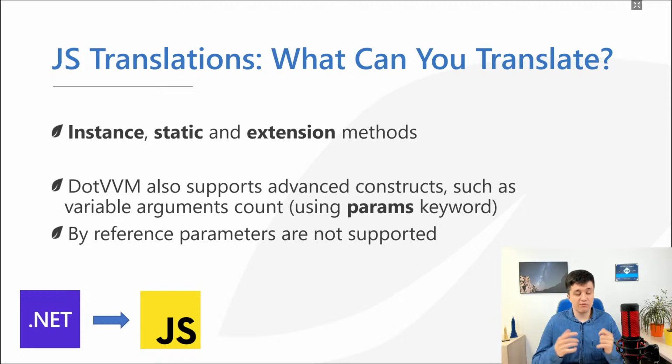So if you find a .NET method from your own code base that would be beneficial for you to be callable from value bindings or static commands, you can now just write a JavaScript translation for that, have it registered by the DotVVM configuration, and our compiler will automatically pick it up and it will just work for you. So this is it for the JavaScript translations.